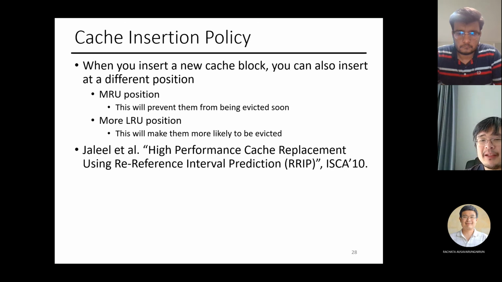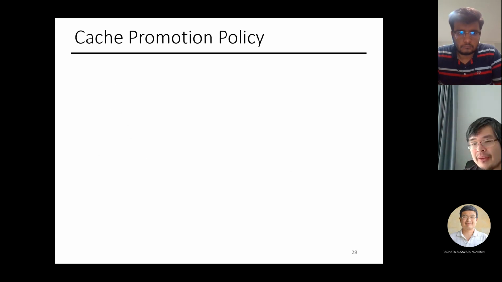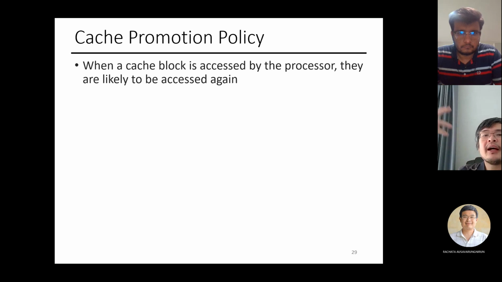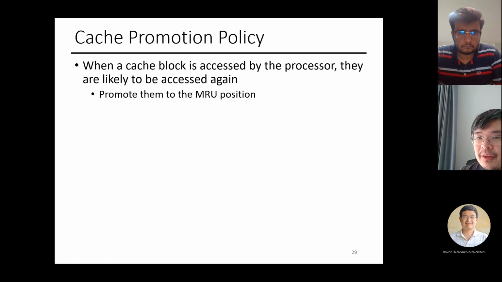For example, there's another paper at ISCA 2010 from Intel that looks into cache design for both insertion and replacement. Most of the time, the insertion and the promotion policy, which is basically governed by what I do when I access the block again, do I update and put that into the most recently used?